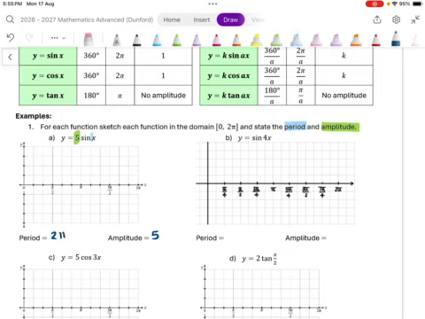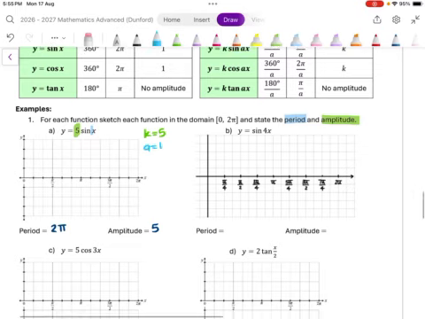Now, the reason why it is 2 pi is because we have a k value equals 5, and we have our a value equals 1. And when we're finding our period, it is 2 pi on a, and our a value is just 1. So on our y-axis, we're going to say that is 5 and that is negative 5.